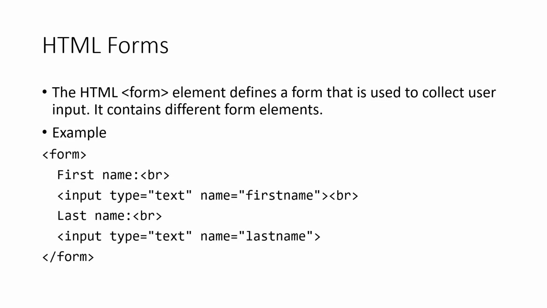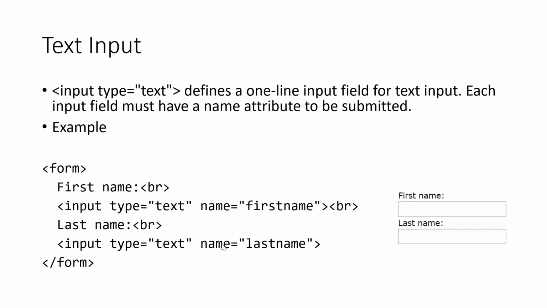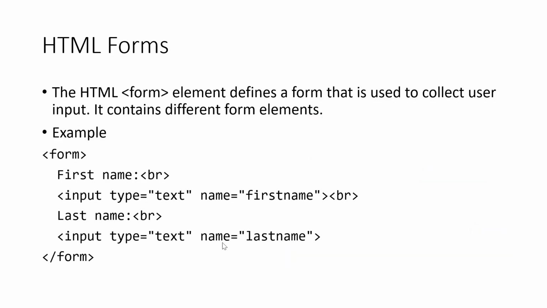Within that, we are going to get some other elements. You will see here we have first name and last name, which we are taking as text boxes. That's normally what we have in the form.